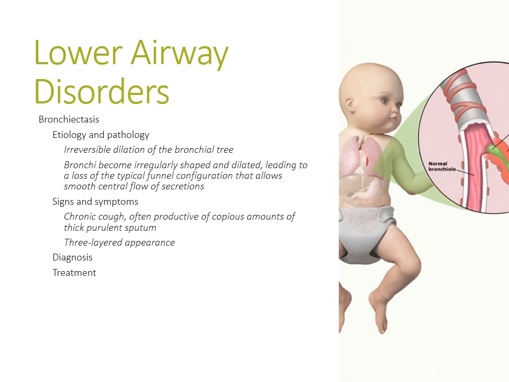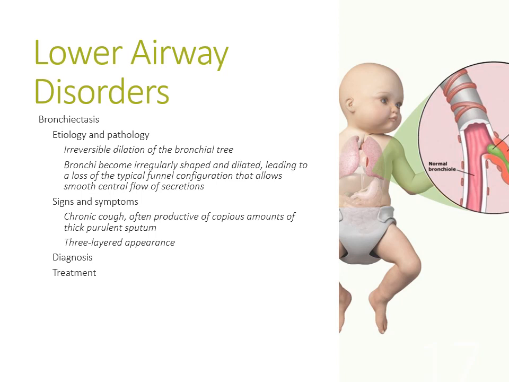Patients often experience chronic cough with copious amounts of thick, nasty, infected secretions. Some even have hemoptysis or blood streaks. Pulmonary infections are common, and recurrent fever and foul-smelling breath or sputum are also common.